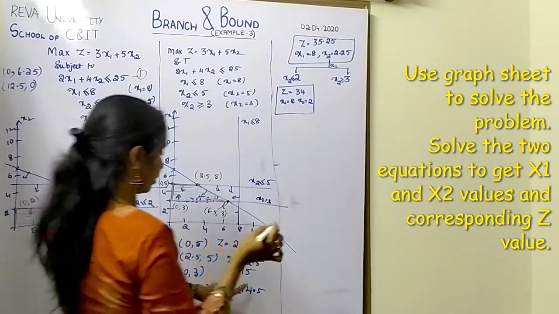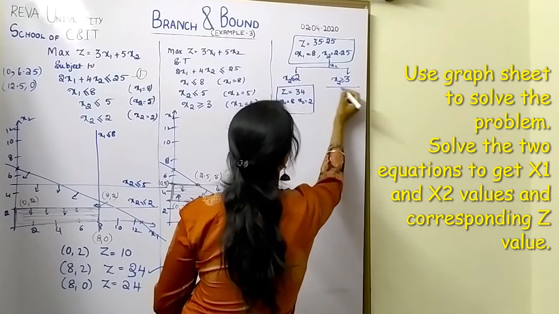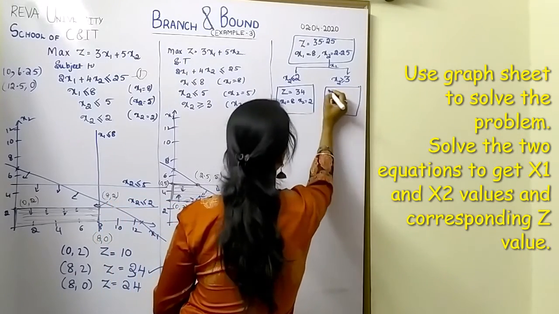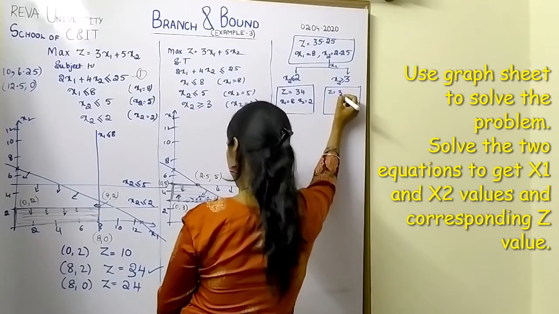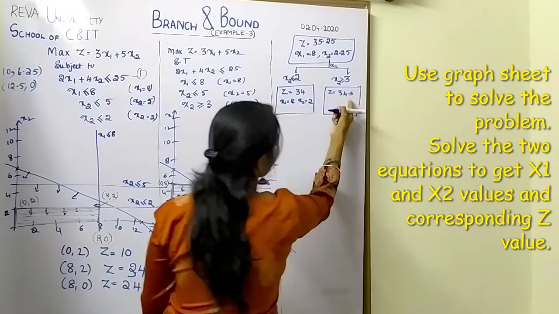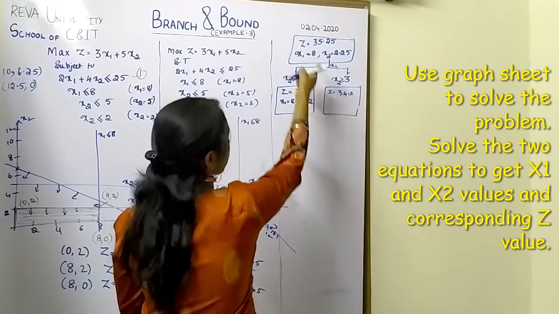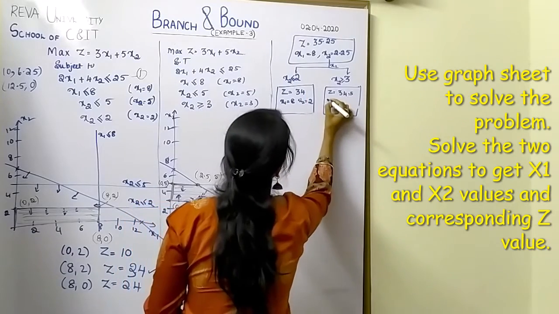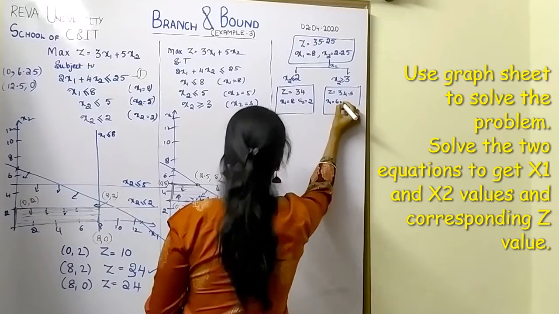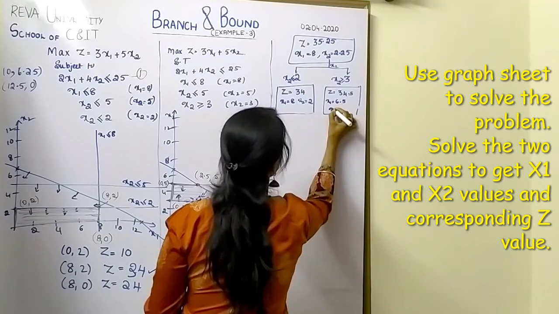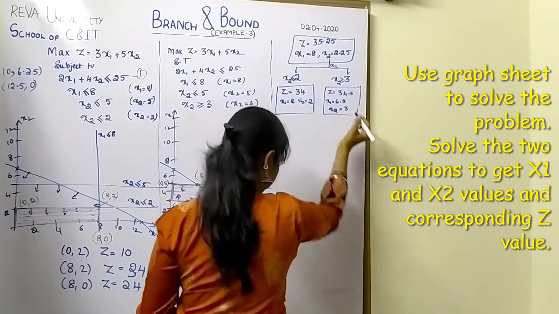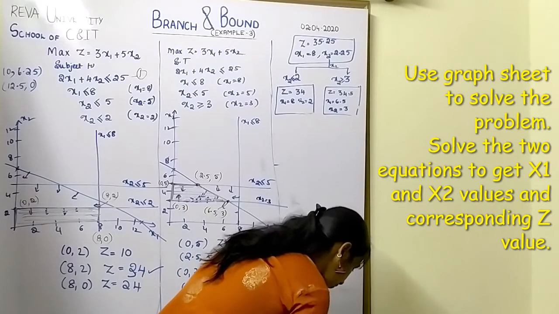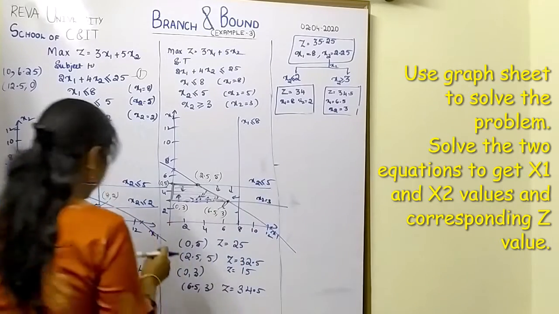If I consider this constraint, our value will be z is equal to 34.5, more than this. So I can preferably go from this side, with x1 equal to 6.5, x2 equal to 3.